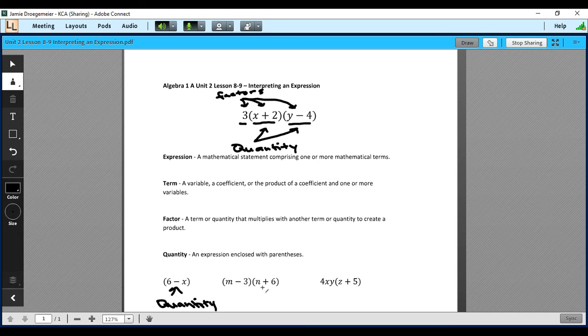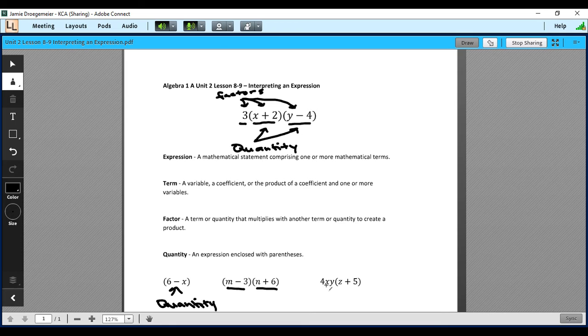The next one, m minus 3 times n plus 6, has two factors, m minus 3 and n plus 6. It also has two quantities, the m minus 3 and the n plus 6. And then this last one, I just wanted to show this example.